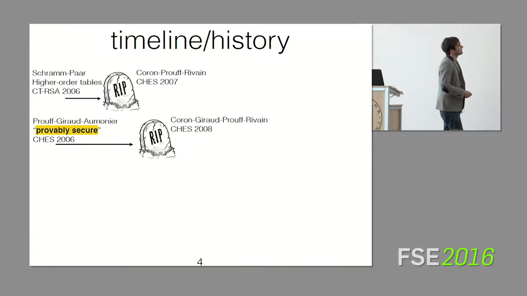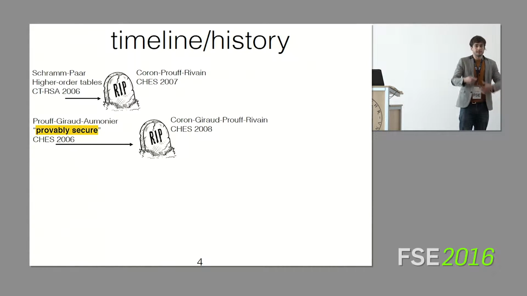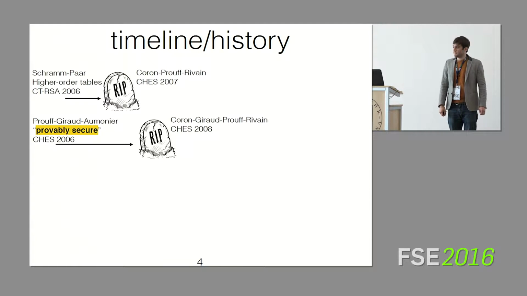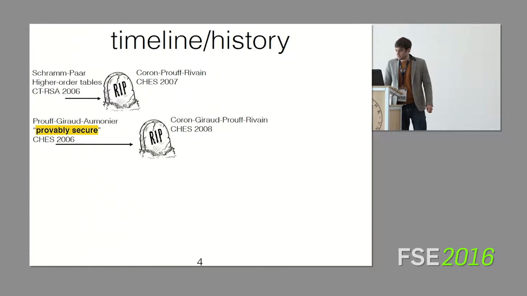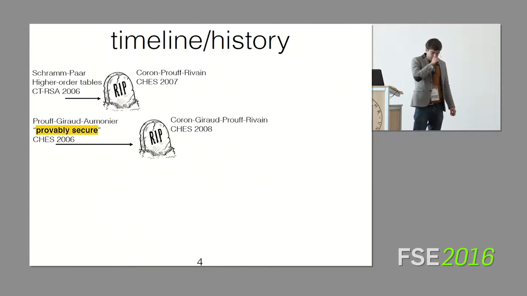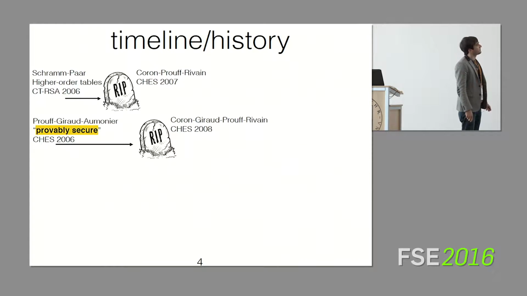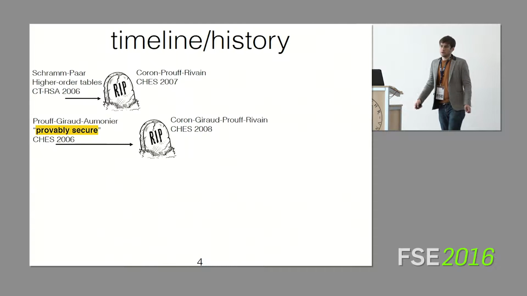Somebody presented at CHES 2006 a supposedly provably secure masking scheme that later got broken two years later at CHES 2008. This method was based on the FFT, if I remember correctly, and it has a first order flaw in some variable of the algorithm.